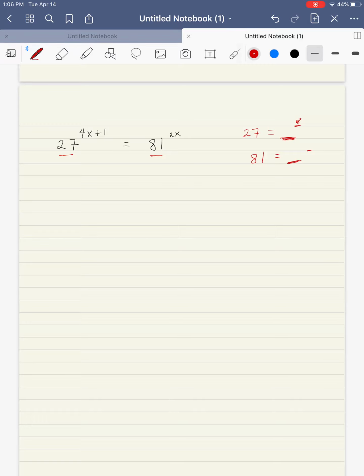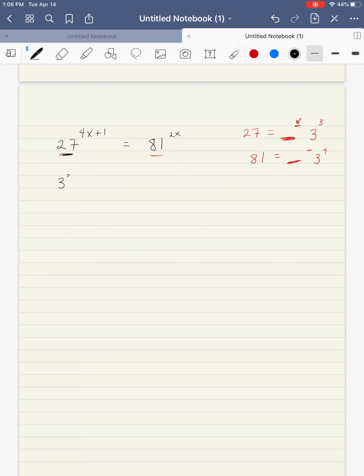I want you to pause the video and spend a few minutes and see if you can figure that out. And hopefully you figured out that 27 is equal to 3 cubed and 81 is 3 to the 4th power.